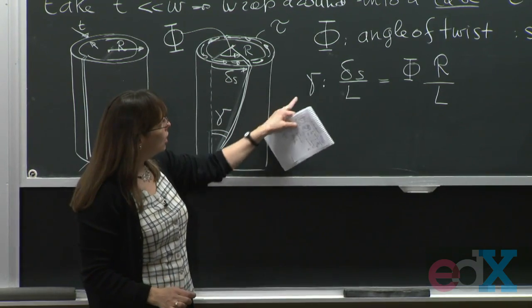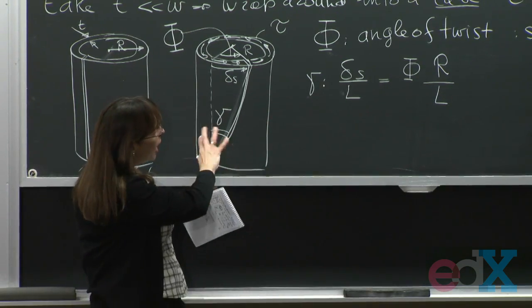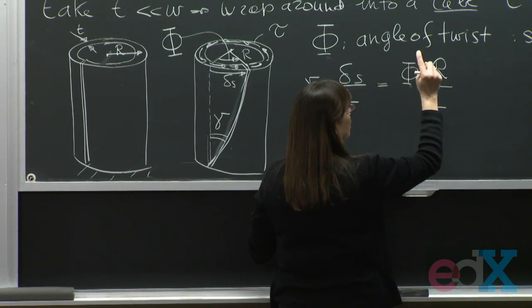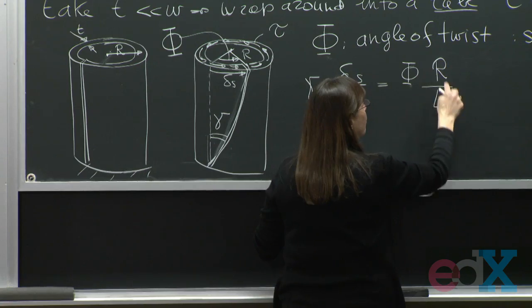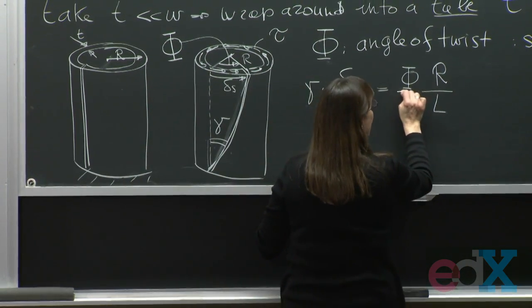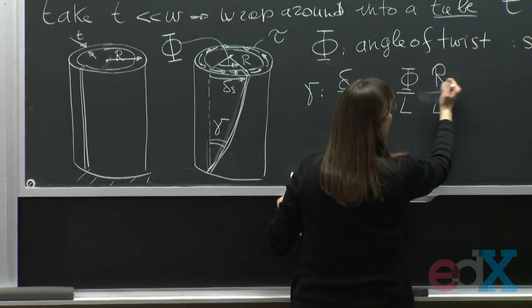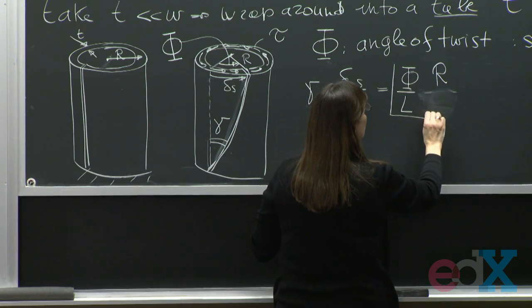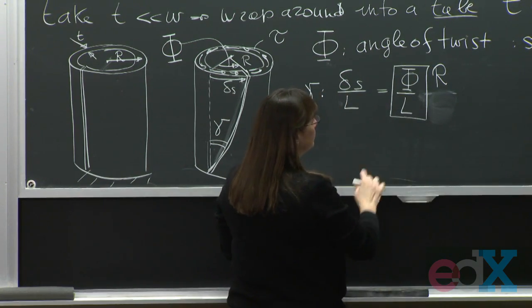Okay? So another way of obtaining the shear angle in the wall is by taking the angle of twist and then multiplying it by R over L. And actually, let me put this L under the phi. The reason that I want to put the L under the phi is that this guy here actually also has a name.